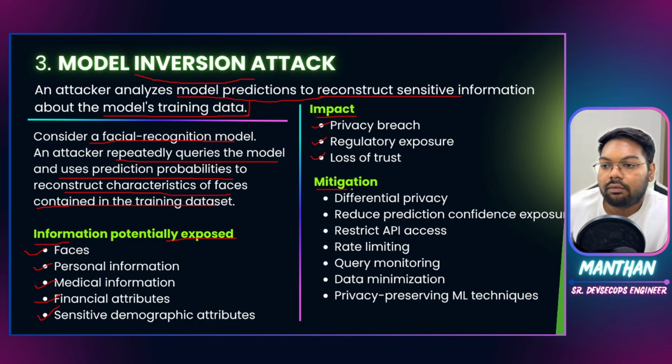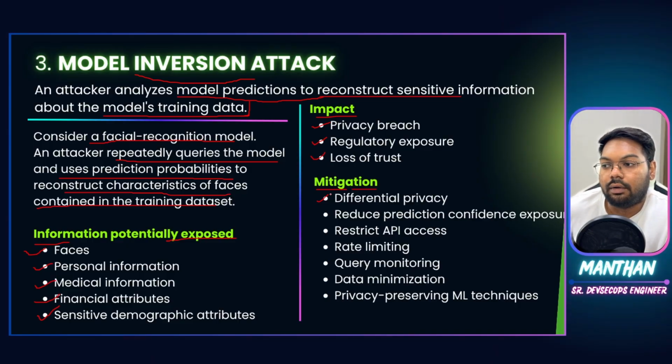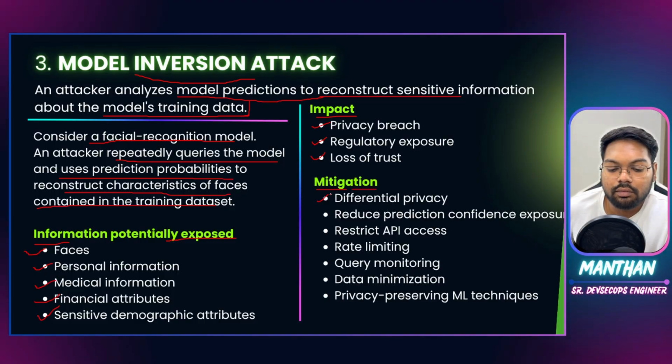So what can we do to mitigate it? Differential privacy is what we can apply to that particular training dataset, wherein we would say do not recognize these particular people, or give masked data, or only bits and pieces of data, so that no one can reconstruct the entire information.